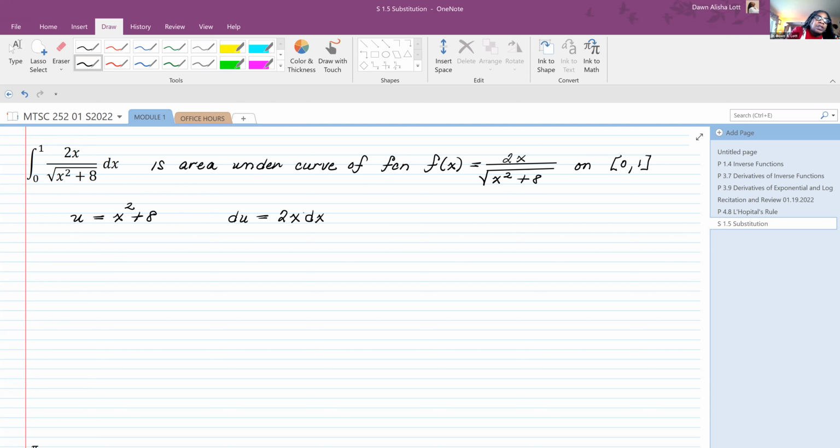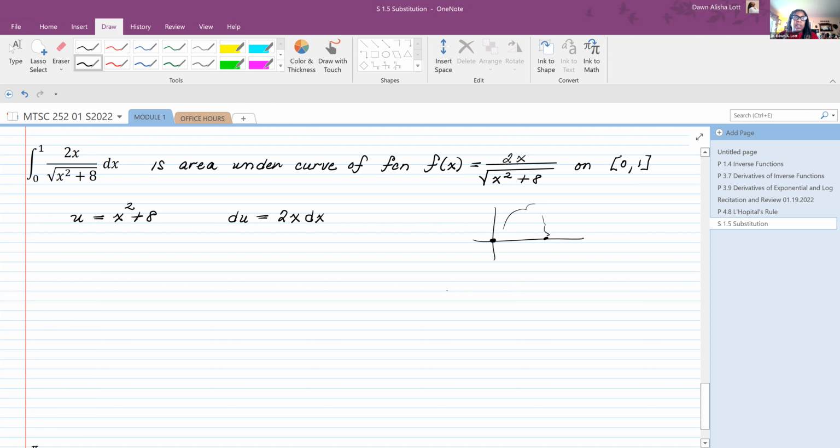All right, so now because we made the transformation from x to u, we also need to make the transformation on the limits of integration. Whatever this curve looked like, I'm graphing it from 0 to 1, but then we translate it into the u variable.